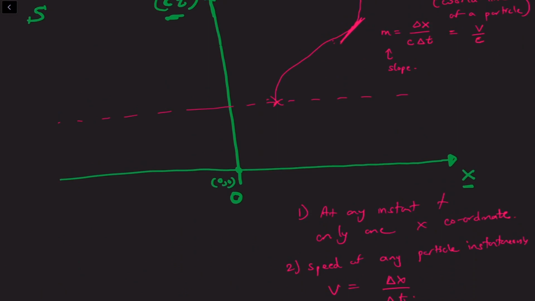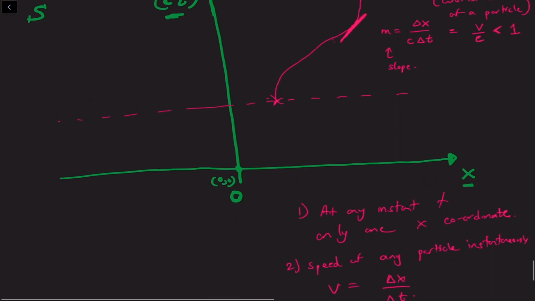And this speed of the particle has to be less than the speed of light, so this slope is always less than 1. Which means that all slopes or all tangents to this trajectory have to have slopes which are, sorry, let me just correct this. So it's actually, the slope is this.